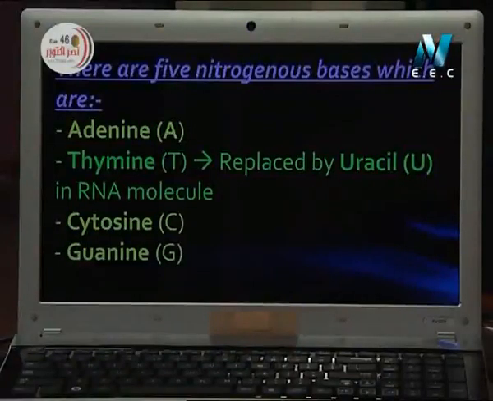There are 5 nitrogenous bases which are adenine, its symbol is A, thymine T. This thymine is replaced in RNA by uracil, another nitrogenous base. يبقى ال DNA بيحتوي على الثايمين، انما ال RNA يحتوي على اليوراسيل. يبقى انا لما اقول يوراسيل نيتروجينوس بيز يبقى انا على طول بتكلم على RNA. لو بتكلم على ثايمين يبقى انا بتكلم على DNA، سواء انا قلت لك او لا. يبقى لازم نبقى عارفين المعلومه دي مهمه جدا، ان الثايمين found in DNA but uracil found in RNA.